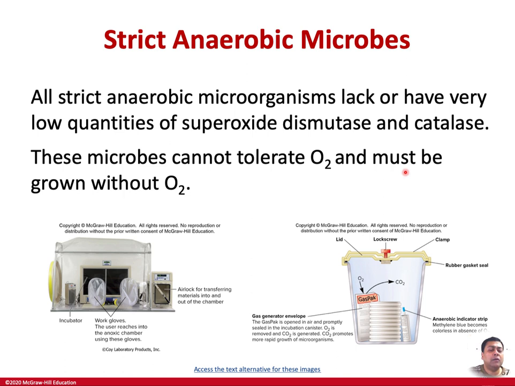Now, here we are looking at a system known as strict anaerobic methods. All strict anaerobic microorganisms lack or have very low quantities of superoxide dismutase and catalase. These microbes cannot tolerate O2 and must be grown without O2. If they do not have any superoxide dismutase or catalase, they will not be able to tolerate oxygen even for the slightest time.